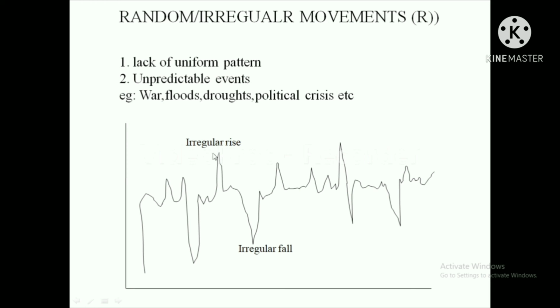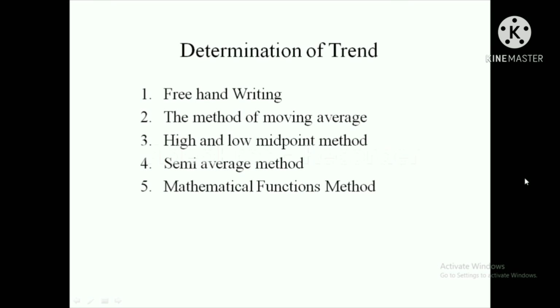So all of this irregularly moving patterns comes under this random movement. So this is also another component of time series, which measures the irregular patterns, irregular changes in the given data, or you can say economy as well.